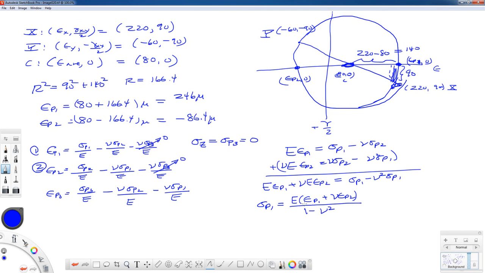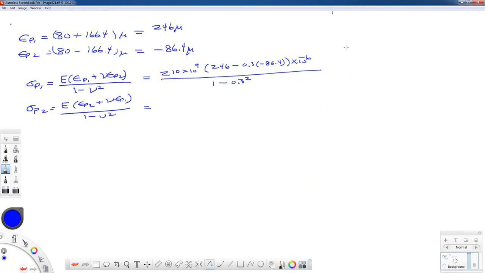Now if I were to repeat this process but solve for the other term, since there's some symmetry in these equations, sigma P2 would be equal to E times epsilon P2 plus nu epsilon P1, divided by 1 minus nu squared. So now we have some equations and we can find those stresses. Let's do that on the next page.